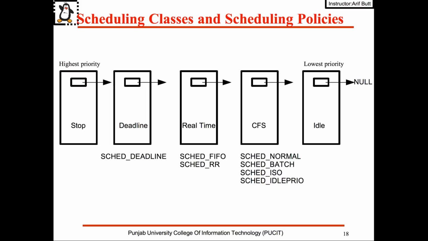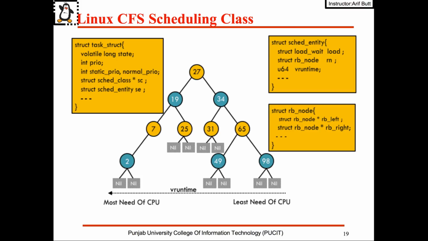Now let us talk in a bit more detail about the CFS scheduling class. Before seeing how the CFS scheduler actually works, let us review some of the important data structures used by CFS. Unlike the big O(1) scheduler, the CFS scheduler implementation is not based on run queues.